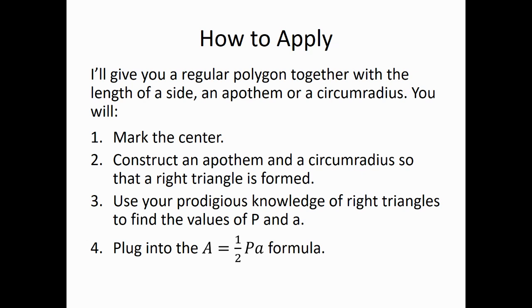And then we will use our knowledge of right triangles, which is both trig and the special right triangles, and perhaps the Pythagorean theorem as well, to find the values of P and A, that is perimeter and apothem. And we might know the apothem initially, but we might not, but we won't know both. So we'll have to do the work so that we have both. And then finally, we'll just plug into the A equals 1/2 PA formula. And then we'll have the area of the regular polygon.